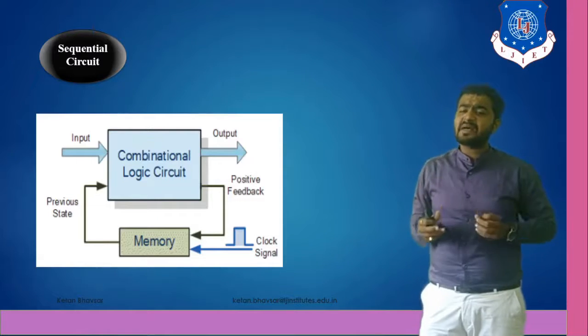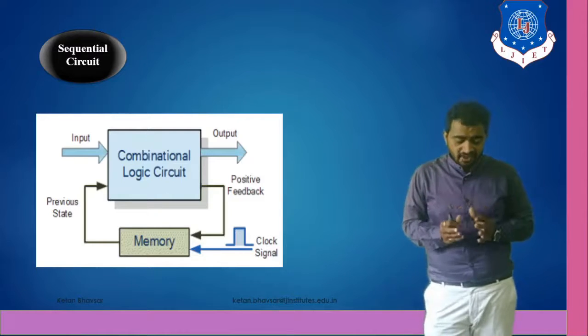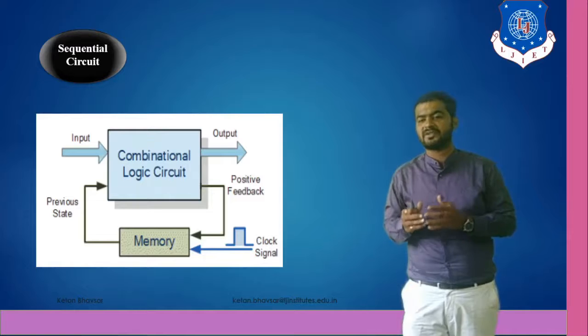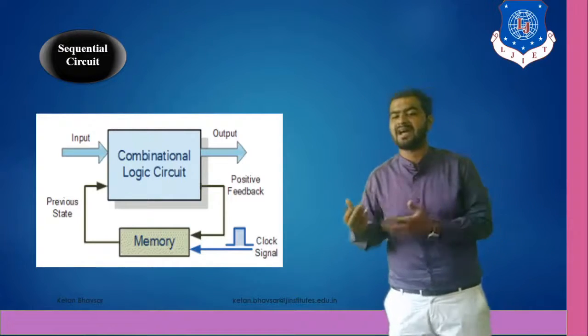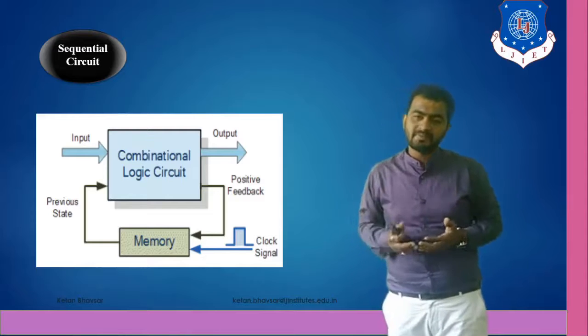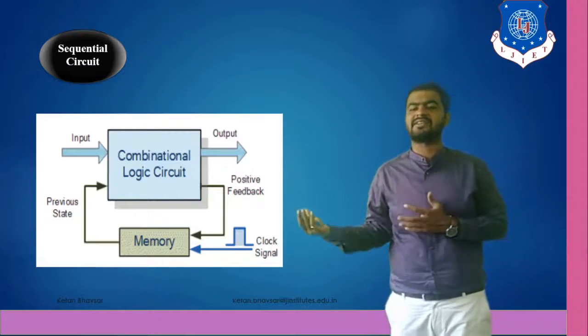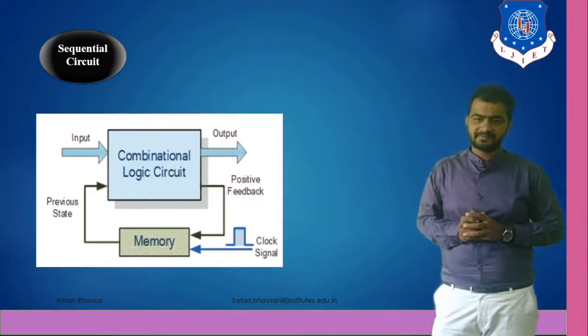But for designing the memory, ultimately we use a D flip-flop. The reason is very clear. When we work with the D flip-flop, the output totally depends on the input, and output equals input when your clock pulse is high or low. Whatever data you transmit from the left hand side, you receive on the right hand side with the help of the D flip-flop, right?